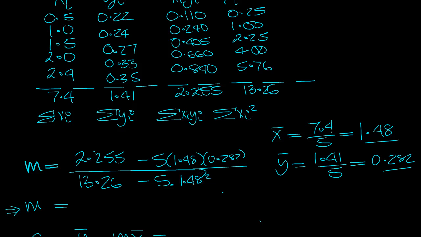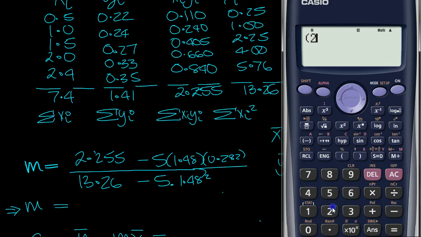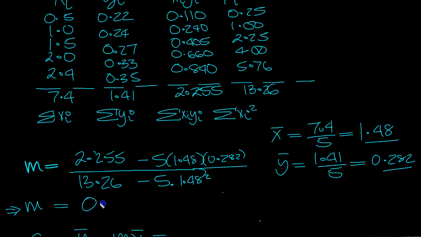So there's m. So let's tap it in the calculator then. Top number: 2.255 minus 5 times 1.48 times 0.282, close the top bracket, divided by the bottom bracket, 13.26 minus 5 times 1.48 squared, close the bottom bracket, equals 0.0728, 0.073, to 3 decimal places.